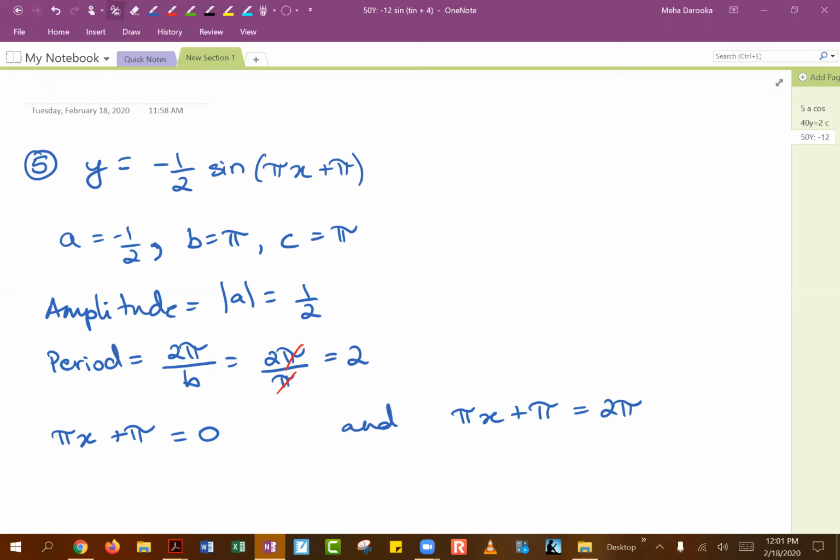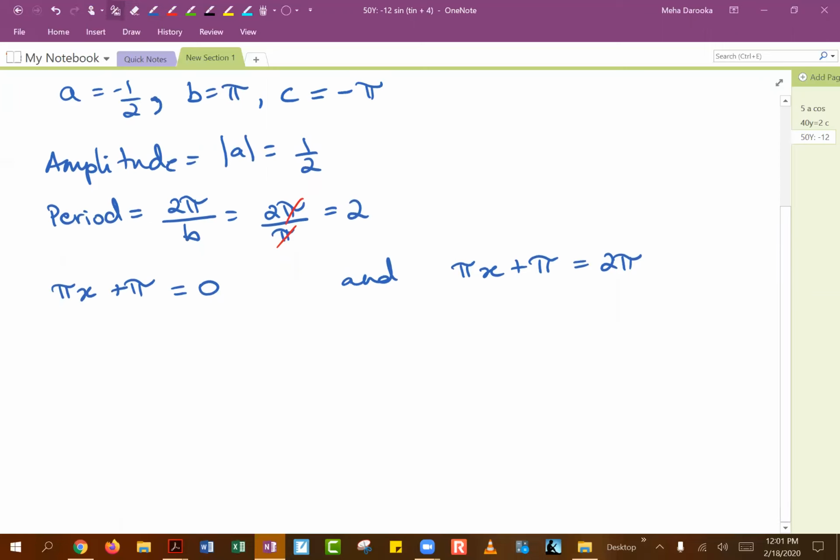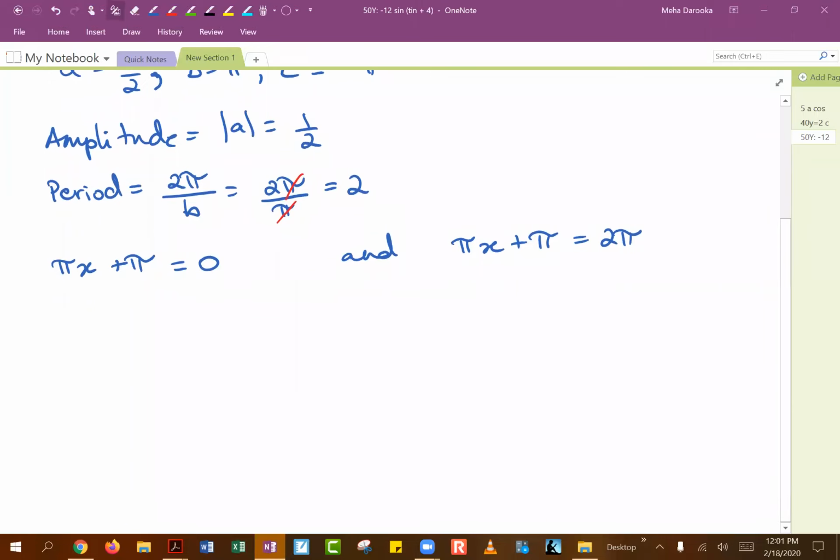Yeah, so c itself is a negative number. Let me fix that. Technically, c is negative pi then. Yeah, because of the bx minus c. So what are we getting for our x values here?